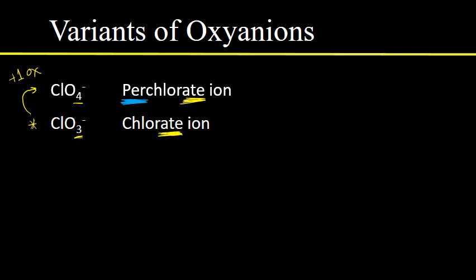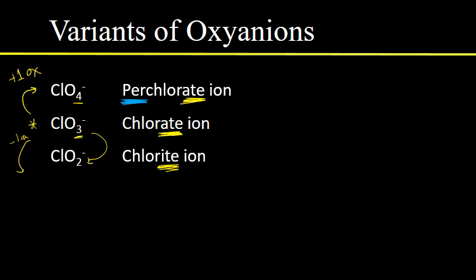You can also change this one such that it has 1 fewer oxygen, -1 oxygen, and this will give you the chlorite ion. So notice again, the charge doesn't change, but the number of oxygens is decreased by 1. Right?